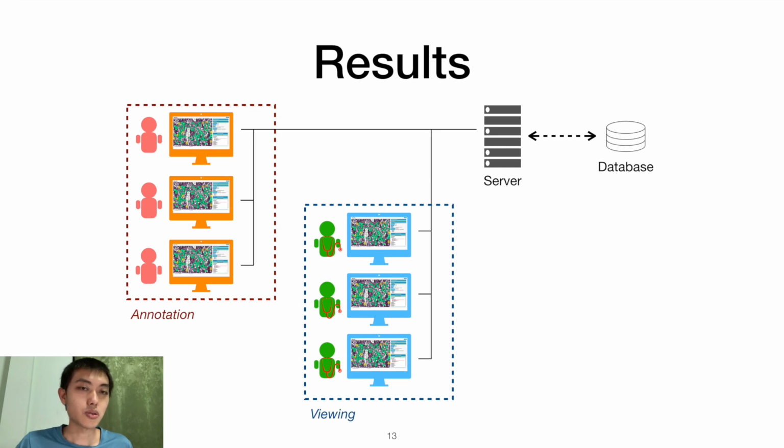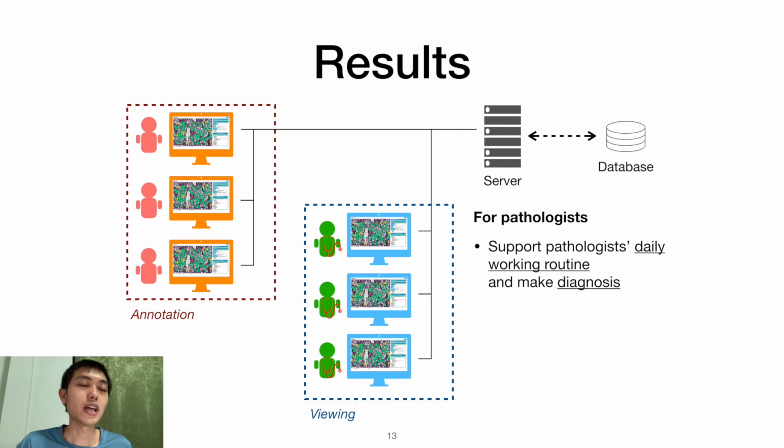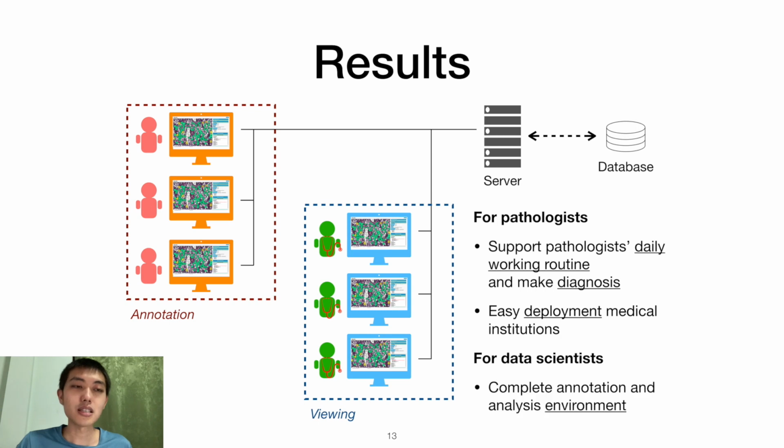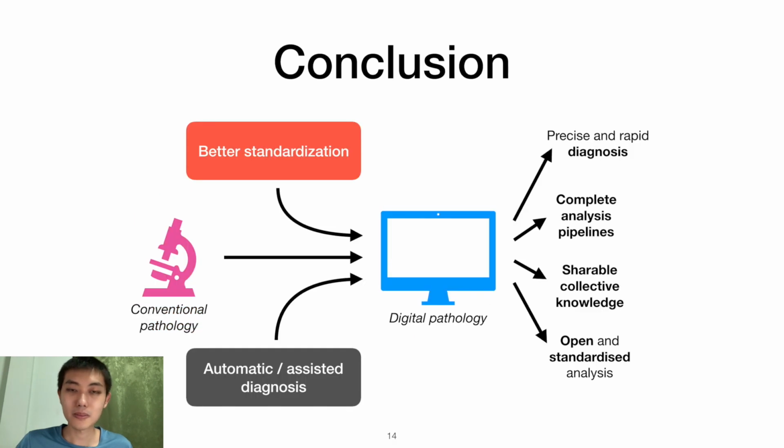So as a result, we hope that this system would help pathologists cope with their daily working routine and make better diagnosis. It should be easily deployed in medical institutes, since it requires only a standard Linux environment. For data scientists, we hope to create a complete annotation and analysis environment for everyone.